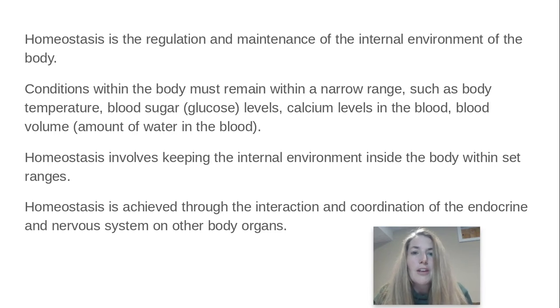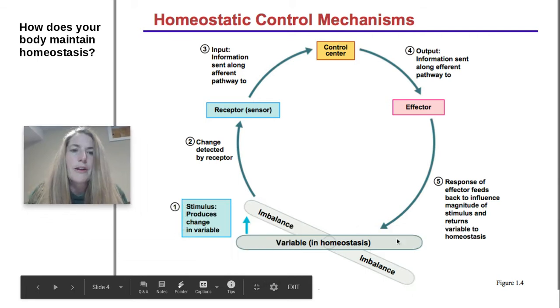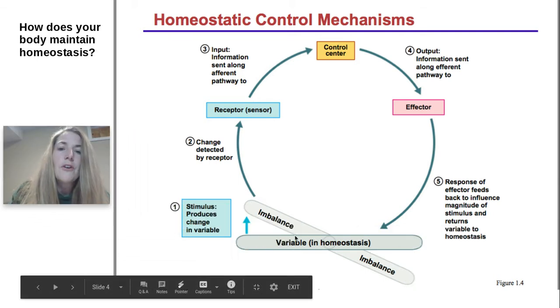Homeostasis involves keeping that internal environment within a set range, and it's achieved through the interaction and coordination of the endocrine and nervous system on other body organs, like on your skin or on your kidneys, on your heart, on your lungs. This picture is the classic picture for homeostasis. So basically, you want to be in balance, but at some point, a stimulus causes your body to go out of balance.